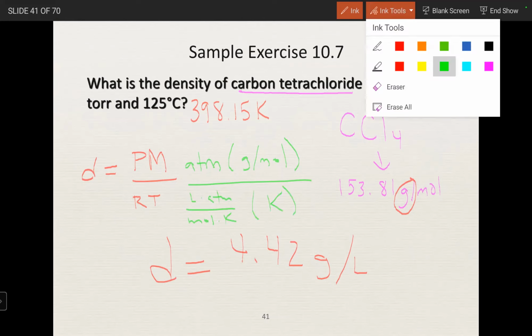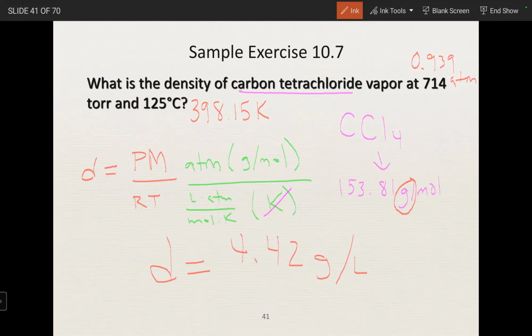So if we just go through it again, look at the units here. Kelvin's going to cancel. Mole on the bottom of our molar mass, and then mole on the bottom of the gas constant. Since that fraction on the bottom, we're essentially just going to reverse it. Dividing by a fraction is the same as multiplying by the inverse. So we can really think of this as grams per mole times mole Kelvin over liter atmosphere.